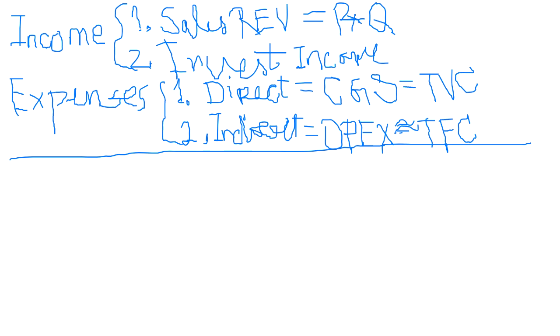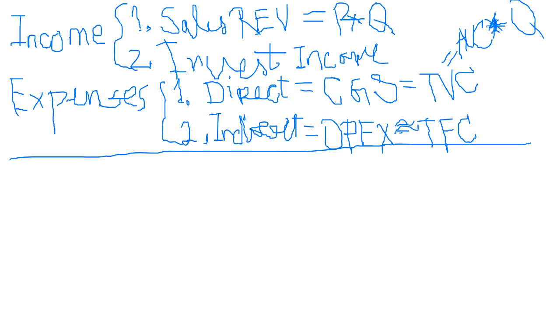If you produce 1,000 units, total variable cost is 300,000. So in other words, total variable cost is per unit production cost times quantity produced. This can be rewritten as average variable cost times quantity. What is average variable cost?